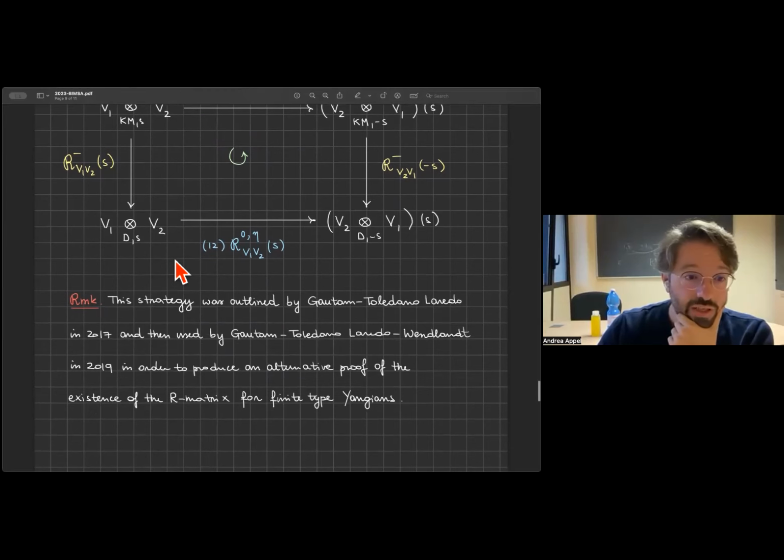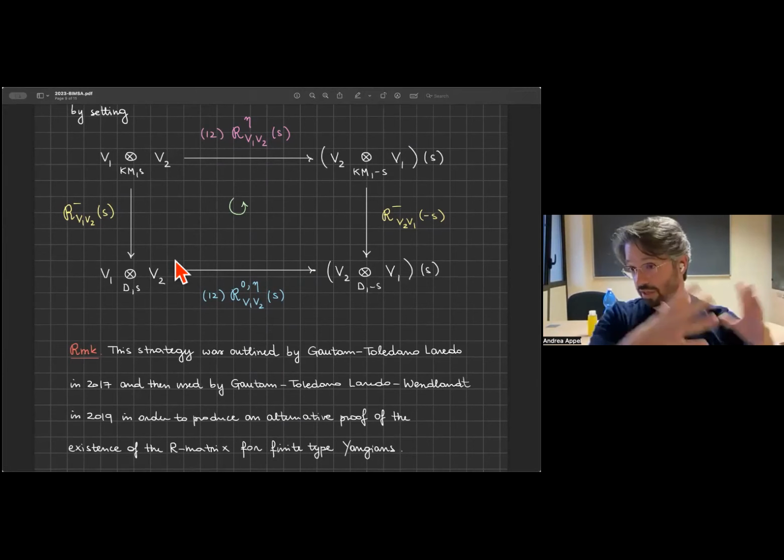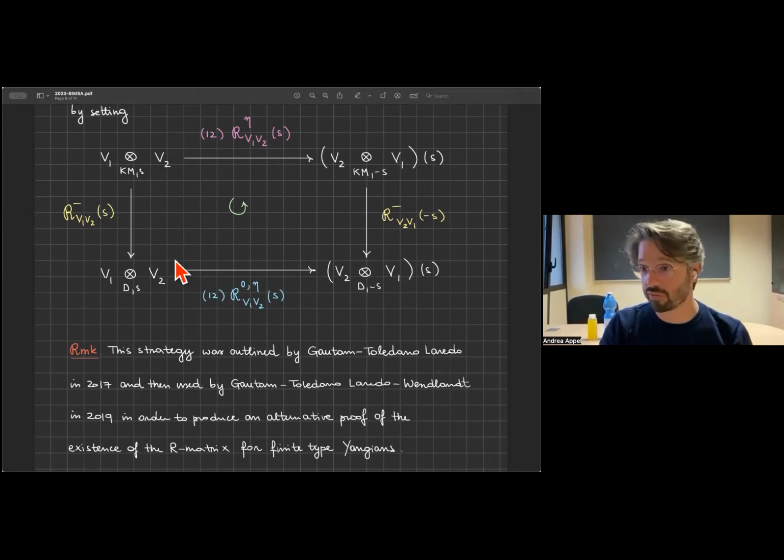Now, it's hard to give a fair genealogy of all this. As I said, probably everything goes back to Khoroshkin and Tolstoy, when this Gaussian decomposition first appeared as a conjecture. The conjecture was recently proved and spelled out properly in a work by Curtis Pentland.